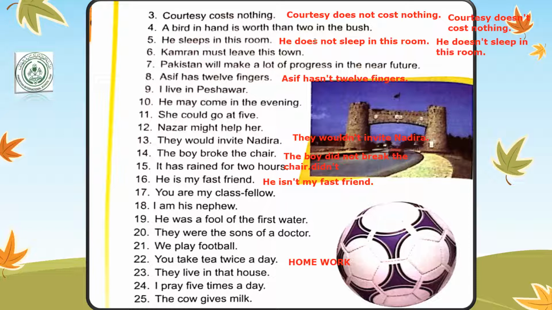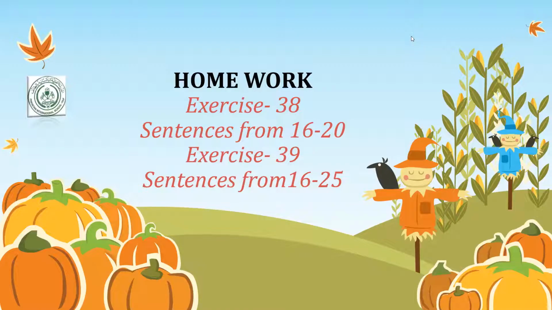So dear students, here on page number 48, we have this. Homework: exercise 38, sentences from 16 to 20, and exercise 39, sentences from 16 to 25. Finish it, it is very easy. Just change the sentences in the first exercise, exercise 38, into negative only.